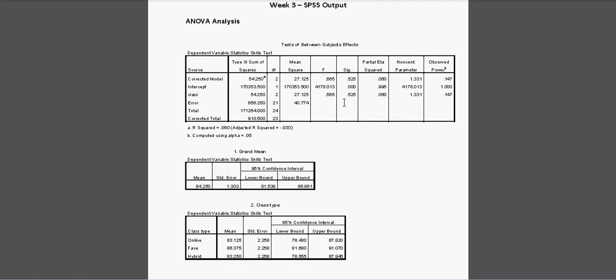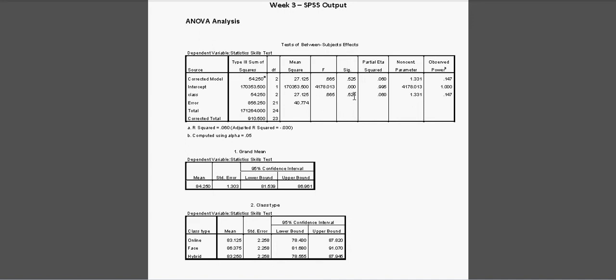If it is greater than 0.05, not 0.5, 0.05, remember, we're saying the probability of our null being true is fairly high, and we're not going to reject that. If the probability of our null being true is less than 0.05, then we would reject it because it's probably not true in the population. So we're going to be looking at that significance level.